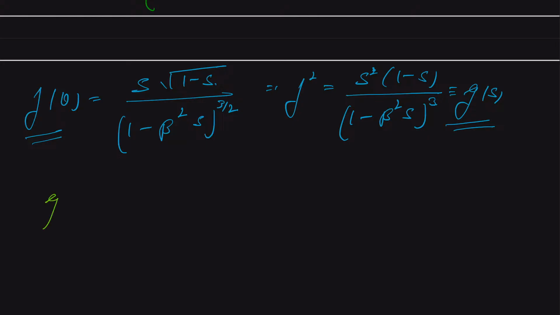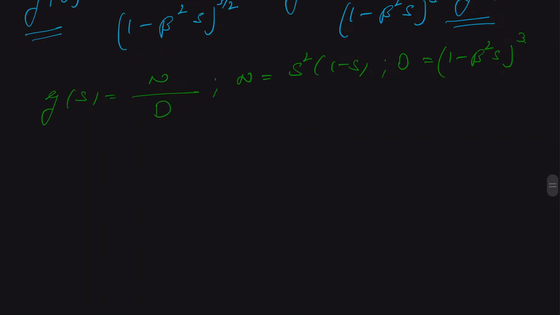Let me rewrite it: g of s will be equal to numerator over denominator, where the numerator is s squared (1 minus s), and the denominator is (1 minus beta squared s) whole raised to power 3. So let us differentiate it.